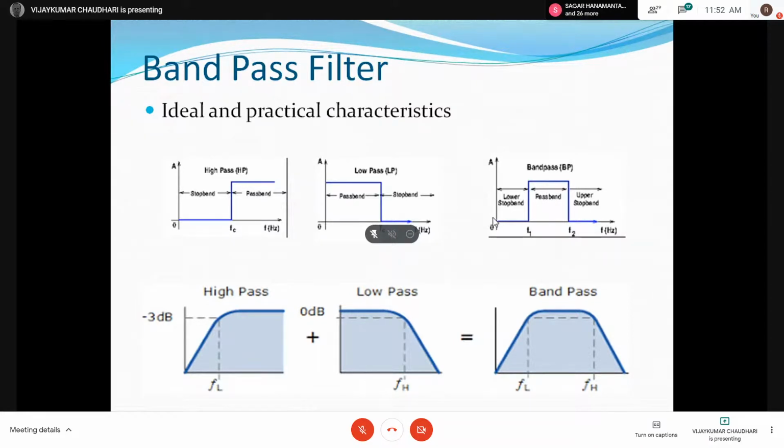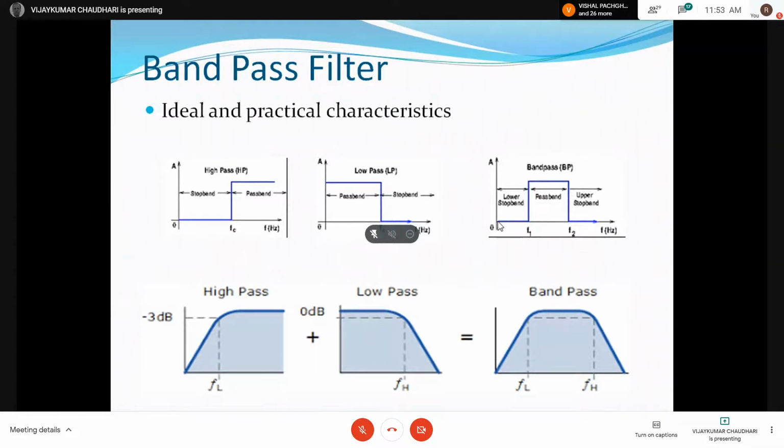This filter is stopping low frequencies, and this filter is stopping high frequencies, but their cutoff frequencies are different. If both cutoff frequencies are the same, then up to this all frequencies will be stopped, and after that all frequencies will be stopped. So we have a range of f2 minus f1 in which all the signals will be passed.